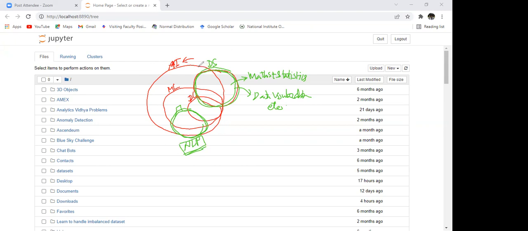Now, when I say that AI is the umbrella term, and ML is a subset of it, can anybody describe what is the difference between AI and ML? Is this difference clear?